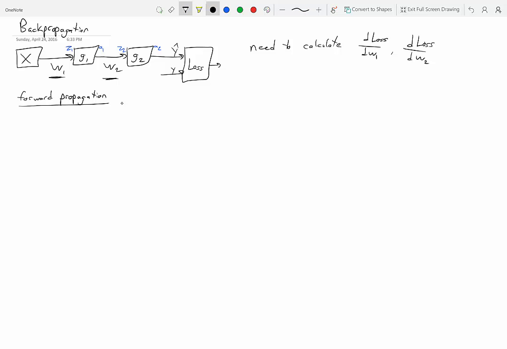So let's write out what all these intermediate values are going to be. Z1 equals W1 times x, A1 equals G1 of Z1, Z2 equals W2 times A1, and A2 equals G2 of Z2. Note that y hat is actually the same as A2.